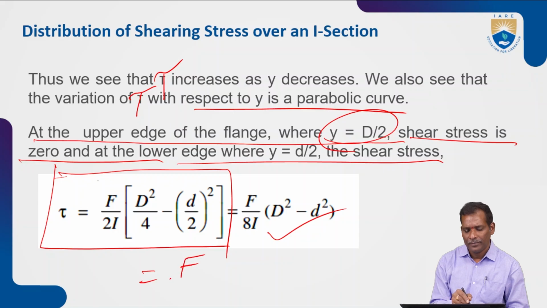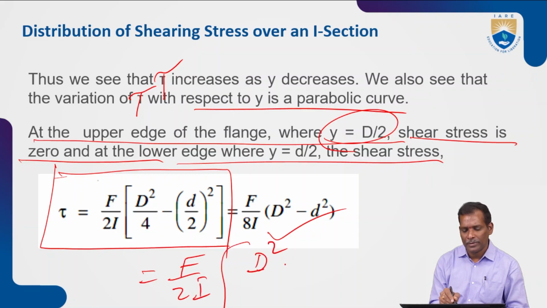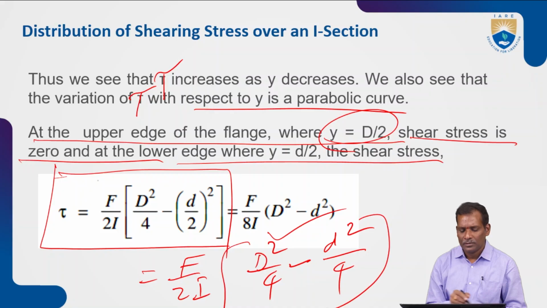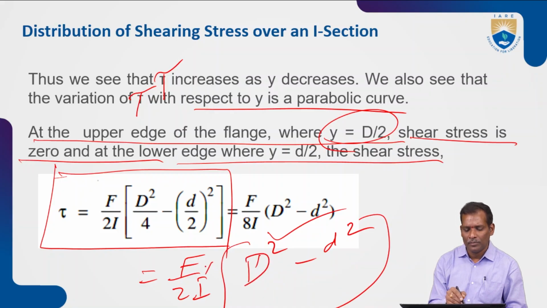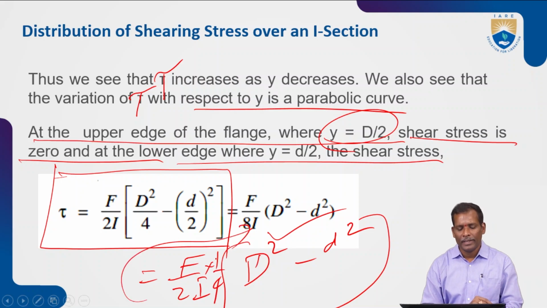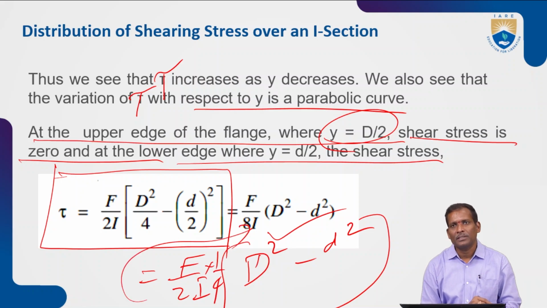So F by 2I, simplify here, D square by 4 minus small d square by 4. So take common 1 by 4 here. So it becomes F by 8I into D square minus small d square.